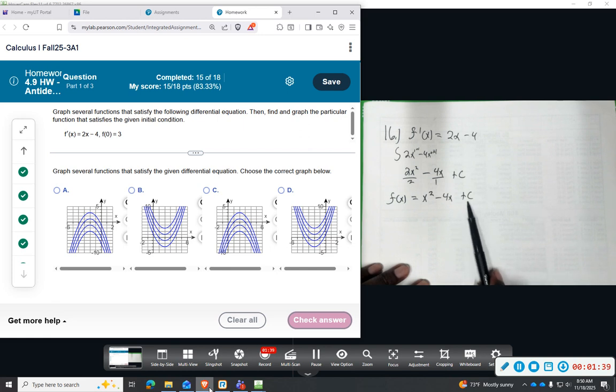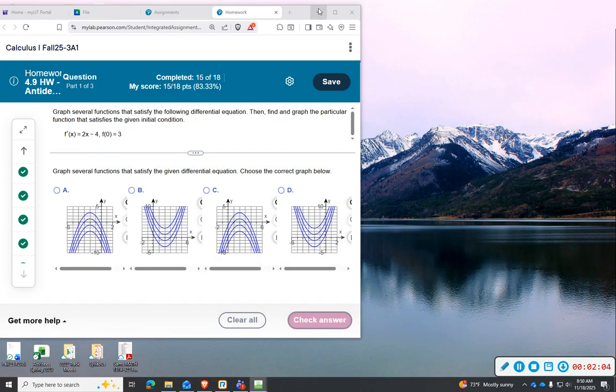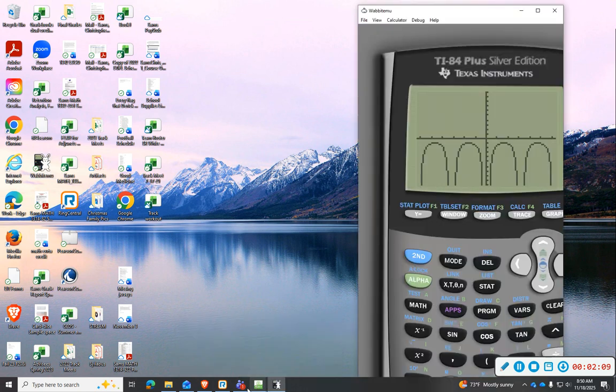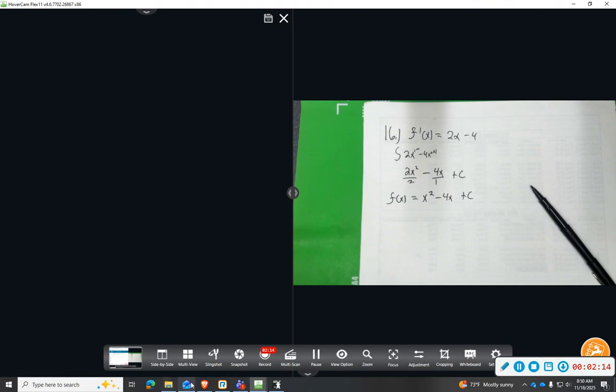We can't necessarily tell what the x-intercepts would be, but we can just graph, and if I plug in any number for c, find out what that graph will look like. So let me see if I pull up a graphing calculator and I can just graph different values. But of course we could plot points as well.